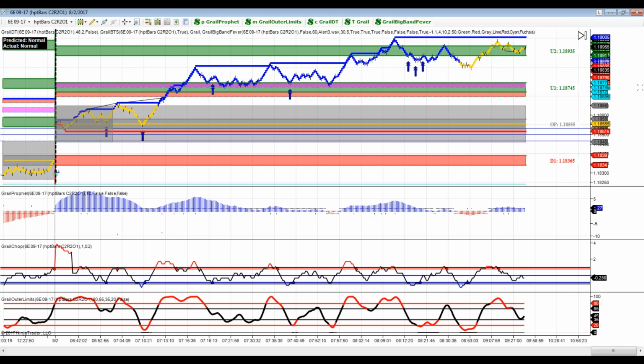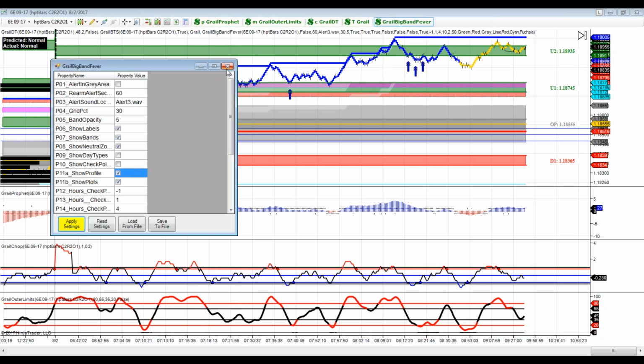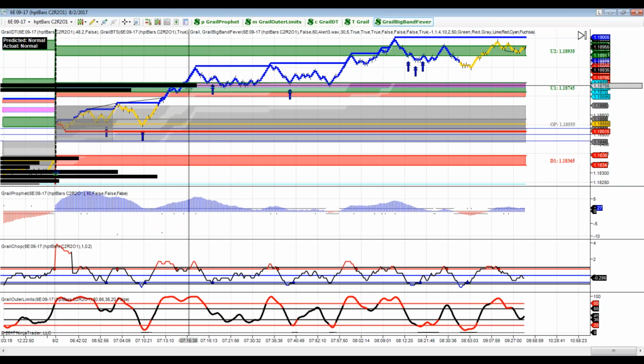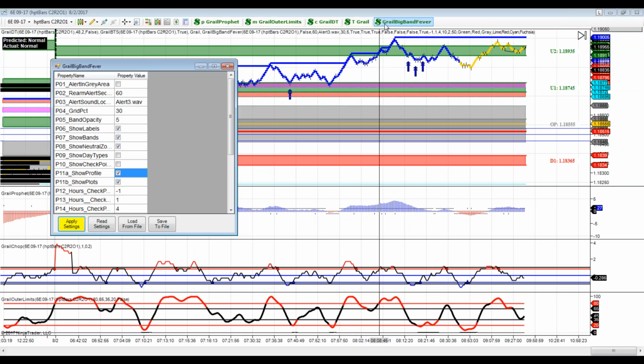In addition to that, the smart market profile, which this is based on, and that's what this is. So if you link these up in conjunction with each other, when they're attached, it's pretty strong. That's the difference.